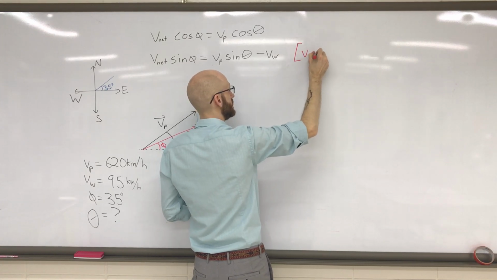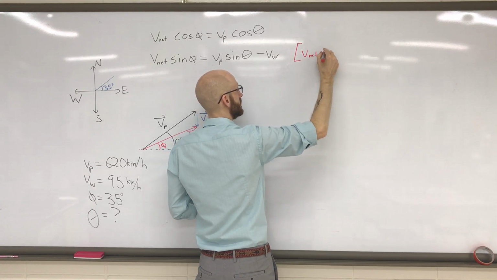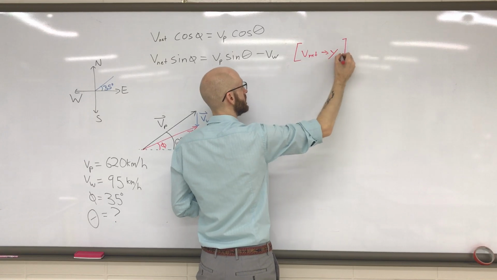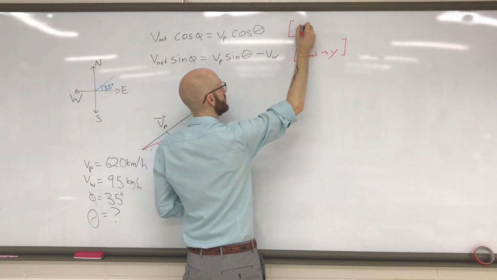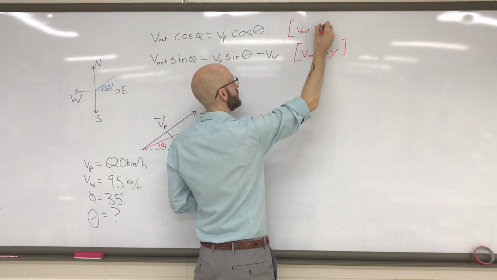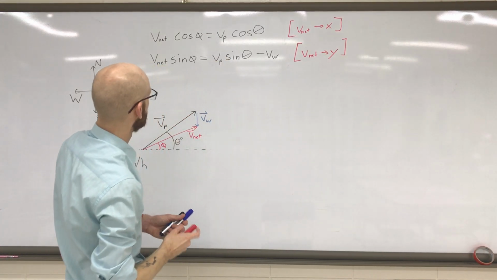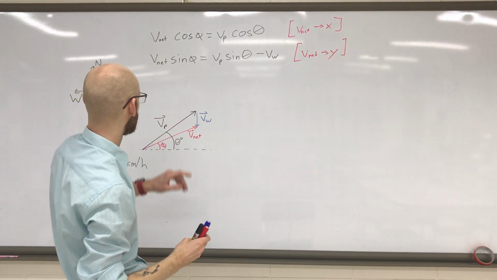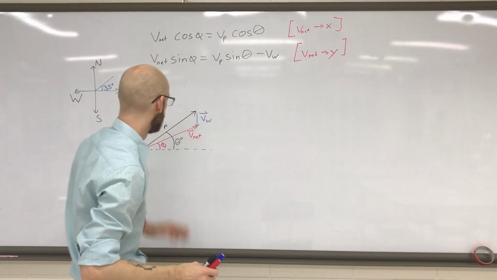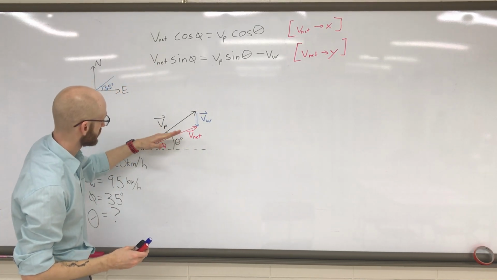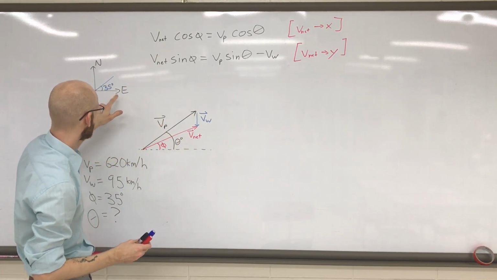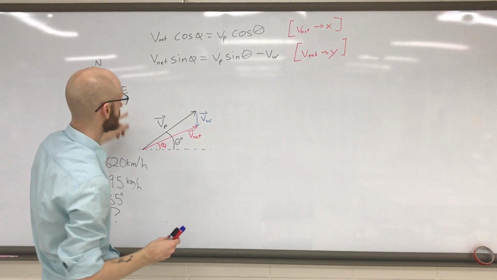This is v net in the y direction, and this equation describes v net in the x direction. And the question is actually asking for us to solve for this angle theta. That's the angle that the plane is actually oriented at compared to the easterly direction.